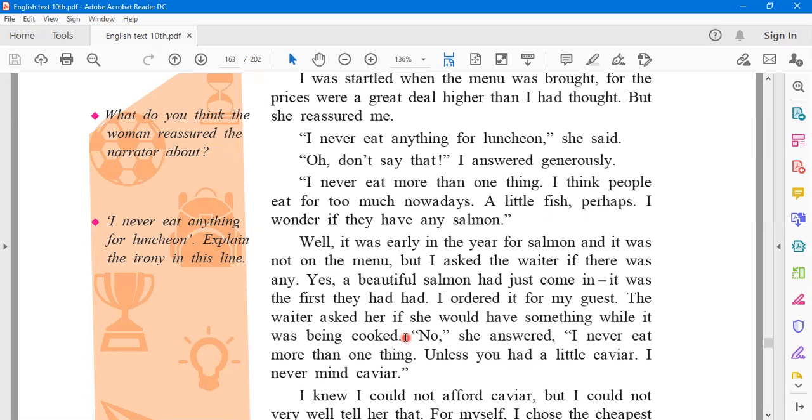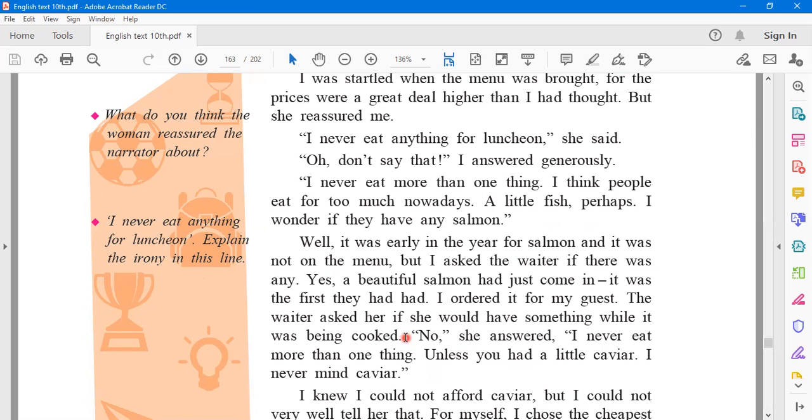It is a dish which comprises the eggs of a particular kind of fish. Very, very expensive. Even a few grams of it runs into many, many dollars.